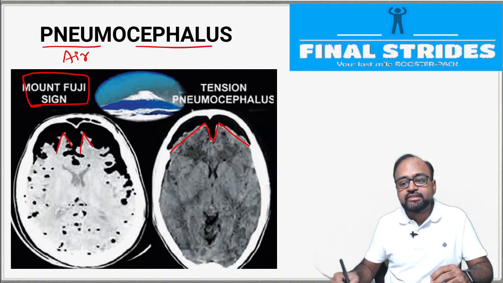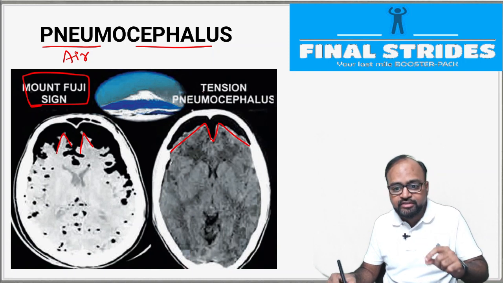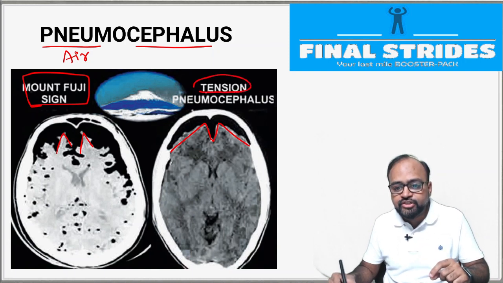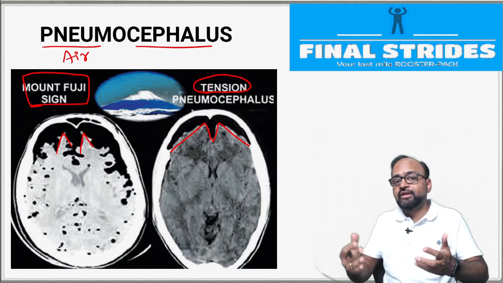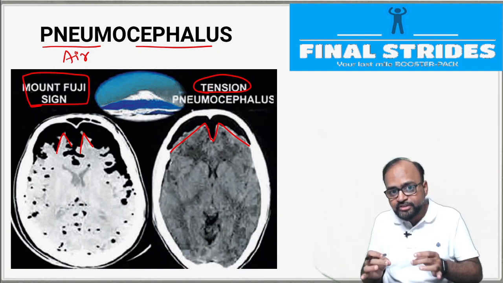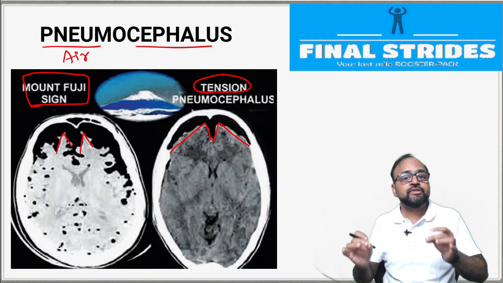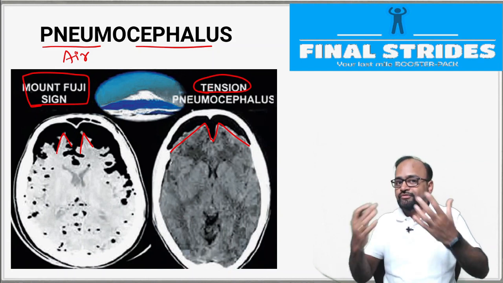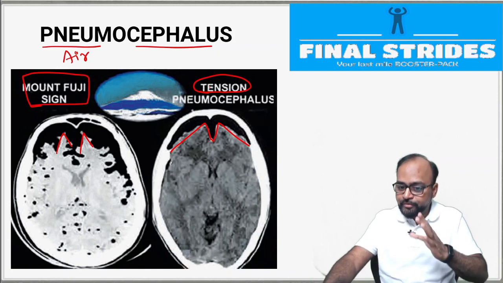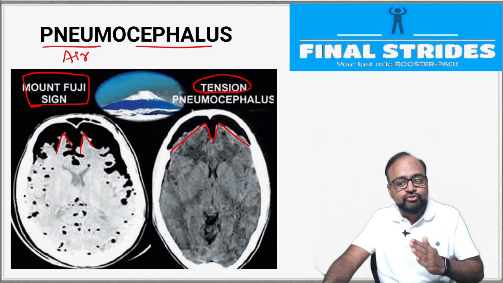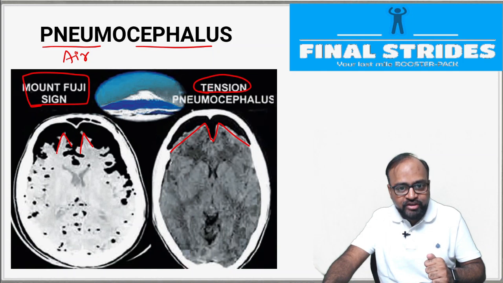Mount Fuji sign is seen not in plain pneumocephalus, remember, but in tension pneumocephalus. Because this subdural air is at a very high pressure, it is compressing the brain. This will need emergency management in the form of drainage of this air, so that this high pressure compression on the brain parenchyma can be relieved. So this is the Mount Fuji sign in tension pneumocephalus.